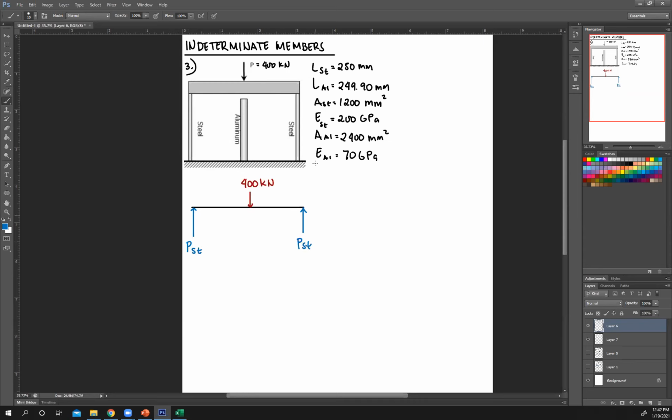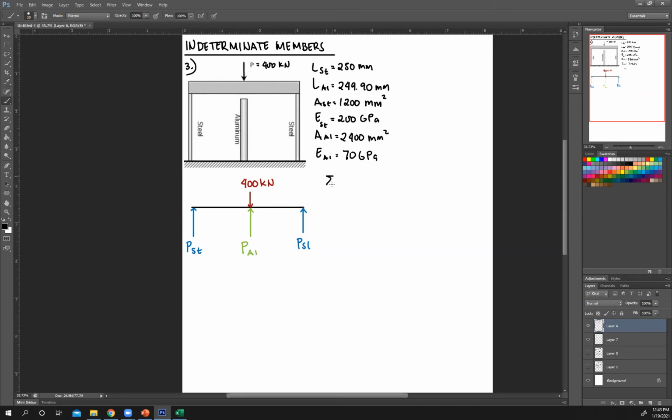Next, you're going to assume, is this 400 kilonewton force enough to close that gap? Let's say yes, it is. Therefore, this aluminum bar will react as well, and will counter that force. So you have this reaction, your PAL. We're working under the assumption that 400 kilonewtons is enough to close this gap.